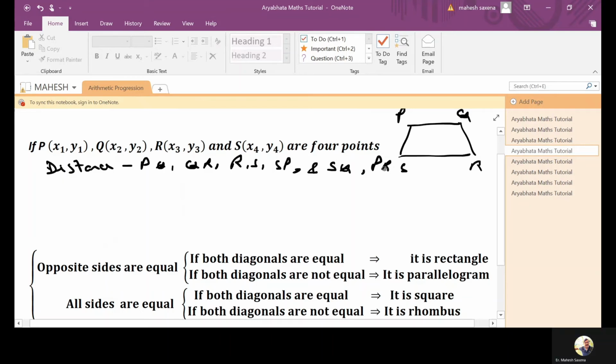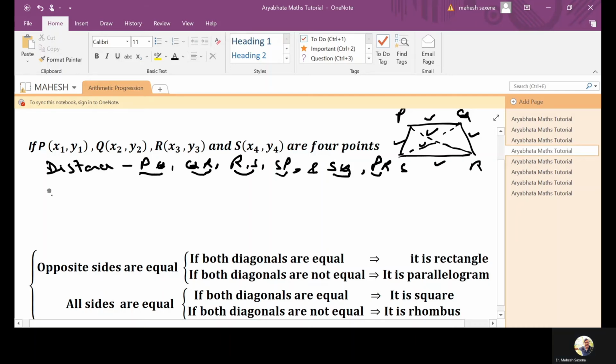That is, we have to find the distance PQ, QR, RS, SP, SQ, and PR. These are the diagonals, and we have to find this distance and this distance.